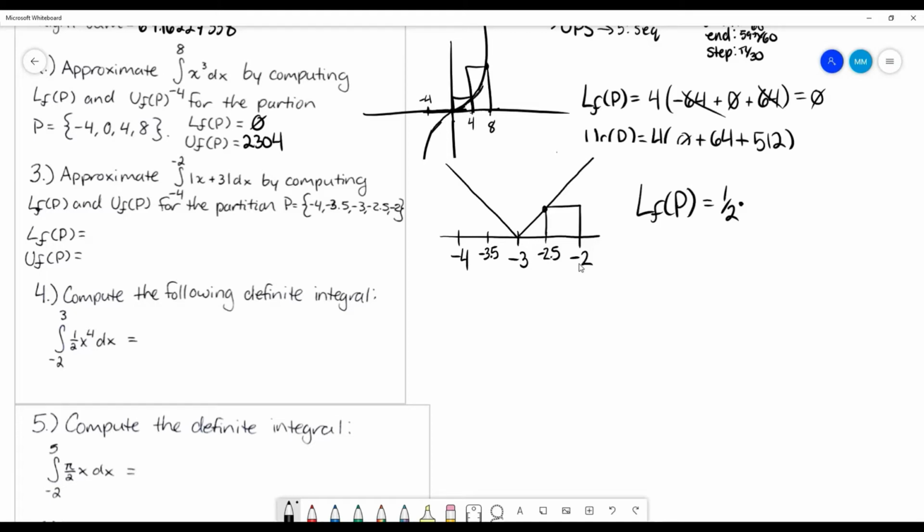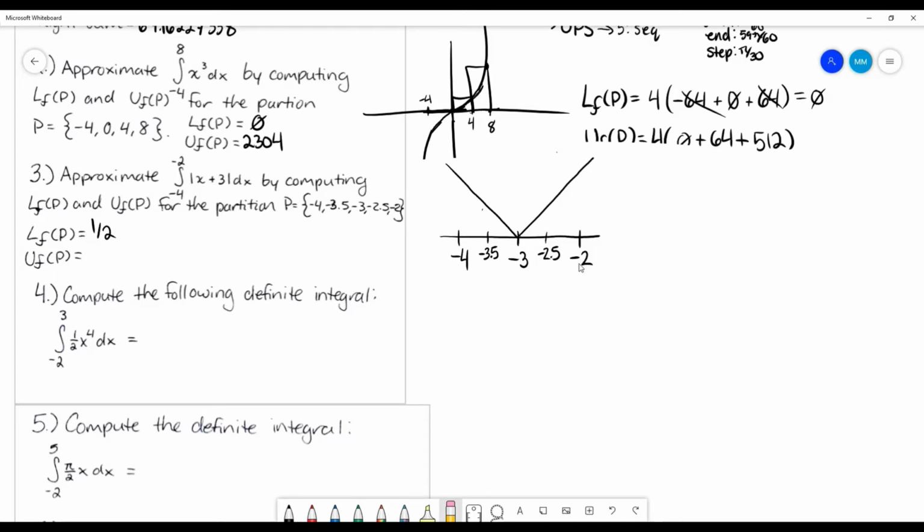So plug in a negative 2.5 in there, which is going to be the absolute value of 0.5, which is just 1/2, plus then on this side, plug in that negative 3.5, plus 3 is a negative 1/2, but in the absolute value it turns into a 1/2. So it's also this, which is just 1/4 plus 1/4, or 1/2. So our lower estimate is 1/2 for those subintervals there.